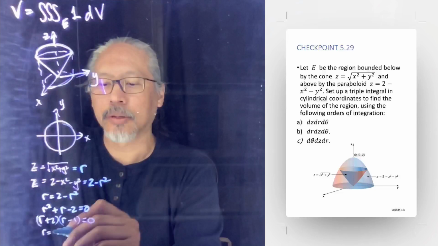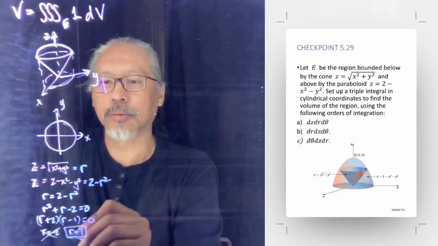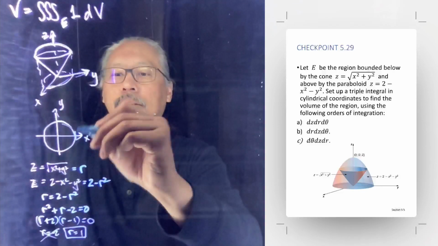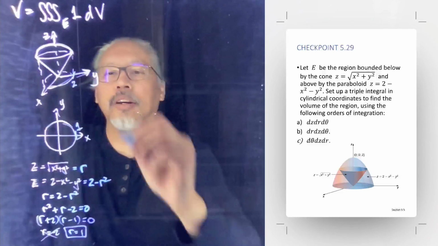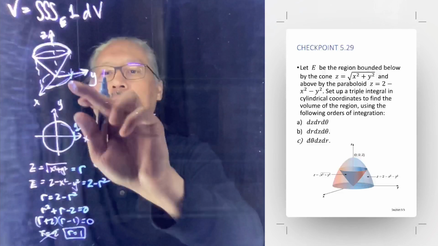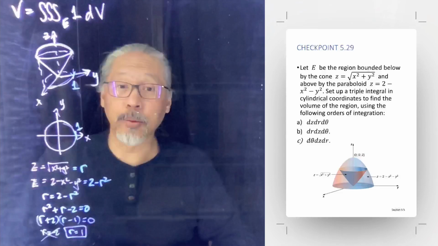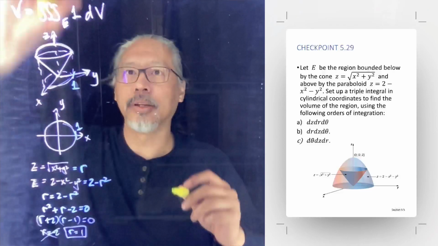So r equals negative 2 is not what we're looking for. r is equal to 1 is what we're looking for. And that gives us the radius of the shadow on the xy plane. Okay, so that will give us good ideas of what we can do with this.